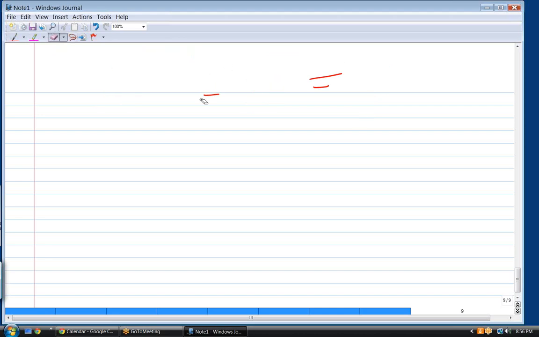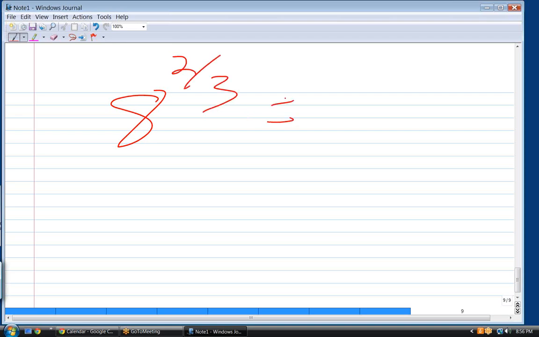Let me make one up. What's 8 to the 2/3? What number multiplied by itself 3 times gives you 8? What small number? It's either 2, 3, or 4.